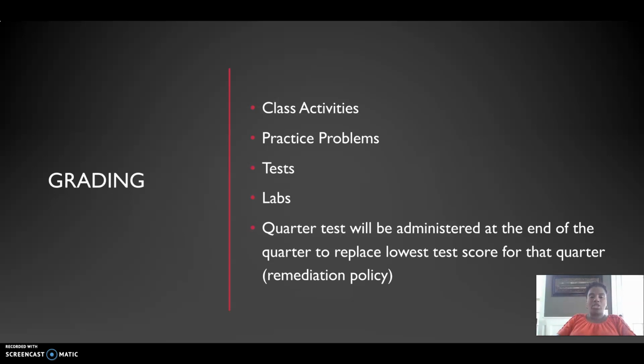However, in order to stay in compliance with our remediation policy at Millbrook High School, there will be a quarter test that will be administered at the end of the quarter to replace the lowest test score for that quarter.